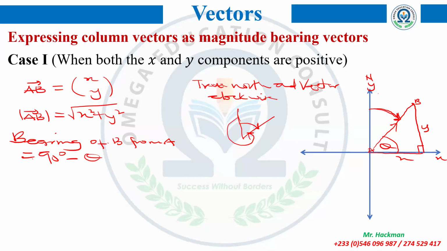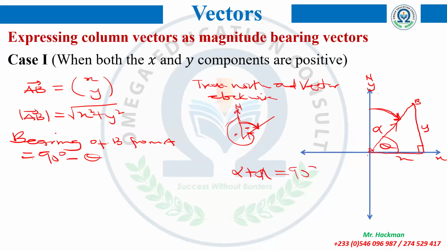But the angle that we are interested in is the angle measured in the clockwise sense from the true north. So this is your true north. Clockwise sense will be here up to this. So we are looking for this angle, not this angle, the angle moving in this direction. If I call this angle alpha, I know that alpha plus theta should be equal to 90.